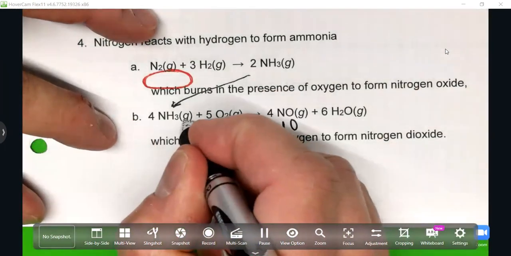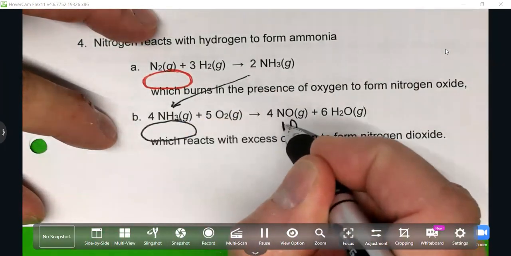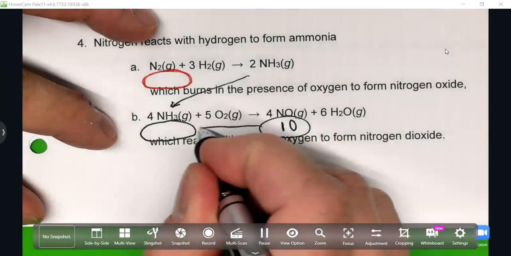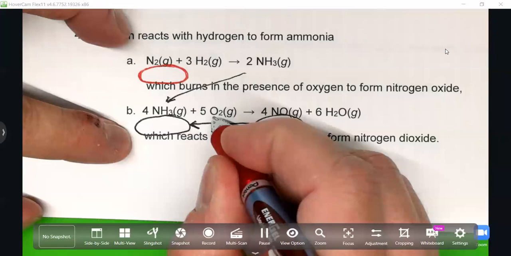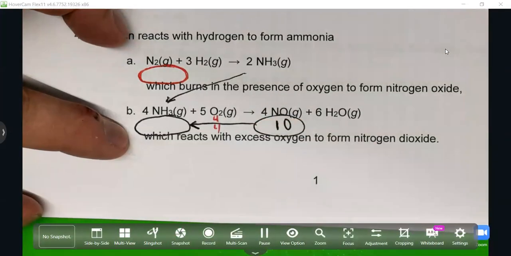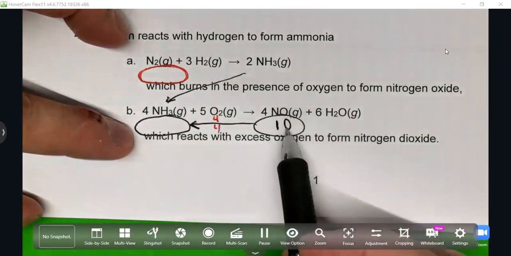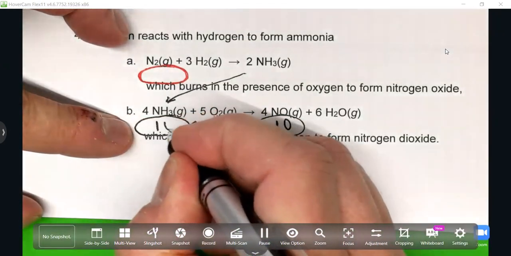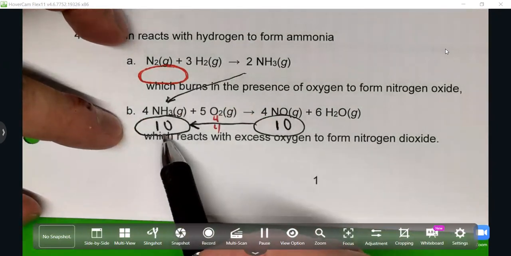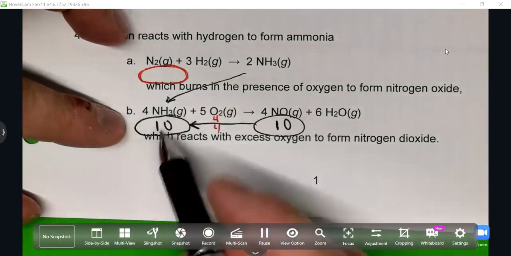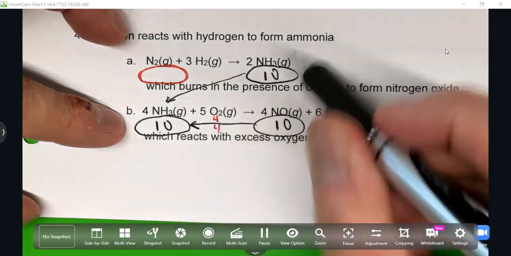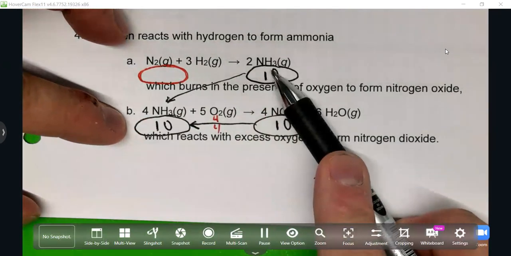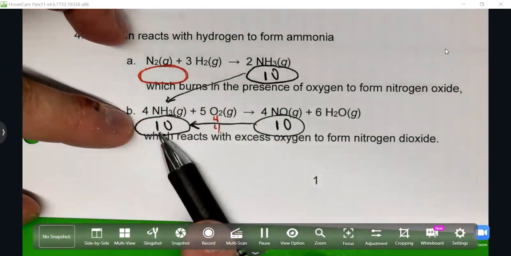So let's go this way. And my mole factor fraction is 4:4, right? So in order to get 10 moles of nitrogen monoxide, I would have needed to react 10 moles of ammonia, NH3. Where is the ammonia coming from? Right here. The 10 moles produced here is the starting moles for this reaction.